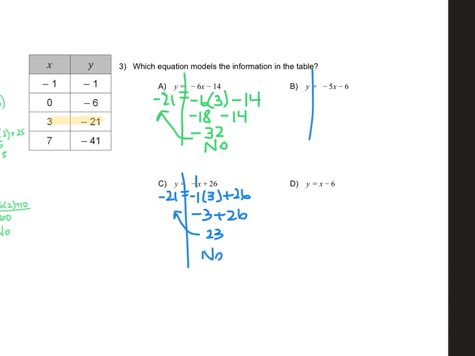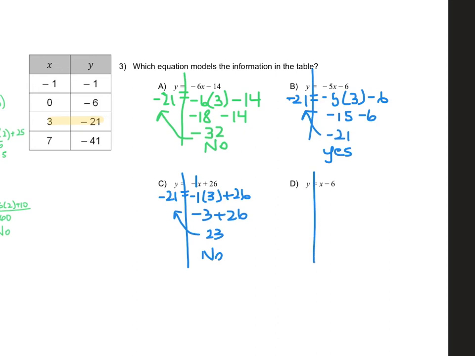All right, last ones. So y value is negative 21 equals negative 5 times 3 minus 6. Work this out. Negative 6, same sign. So you add the numbers, you get negative 21. That looks good, but let's still test out the last one.